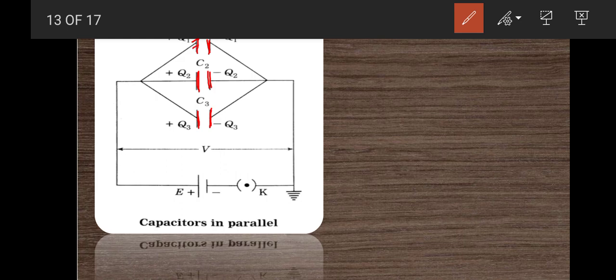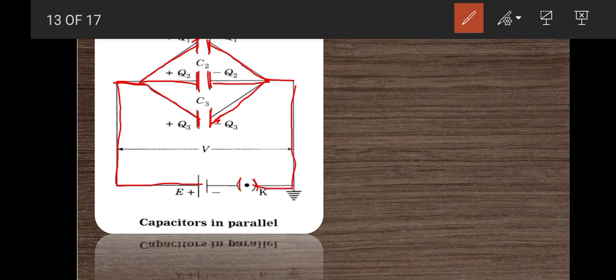Then you have to join one plate of each capacitor like this and the second plate of each capacitor like this. These are the tips for how you can draw a circuit diagram. Then you have to take out these terminals to the battery.